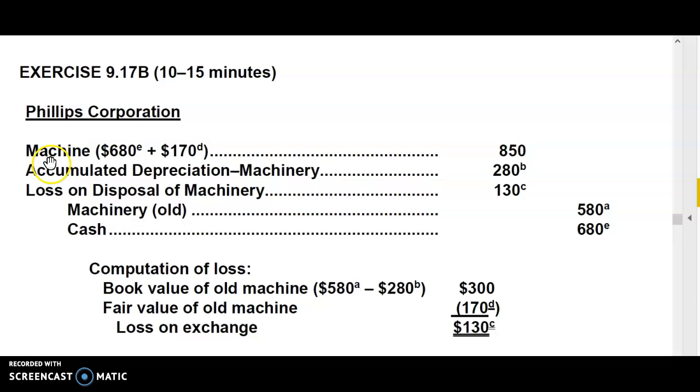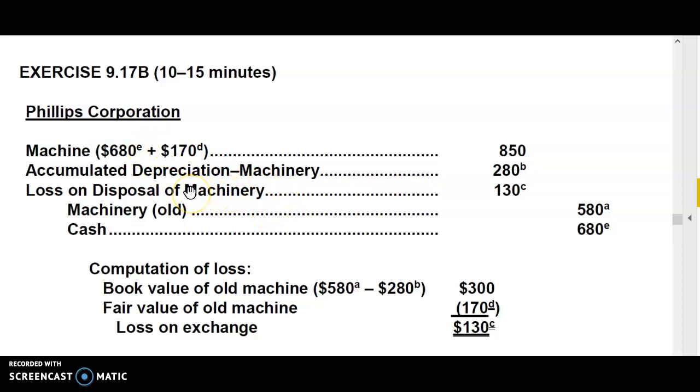So Phillips Corporation is giving the machine plus $680 to Luzinski Business Machine Company. So they're giving them a machine that they tore up in exchange for a new machine.